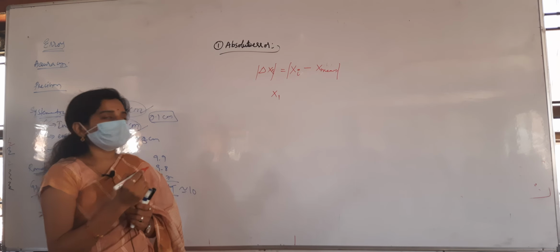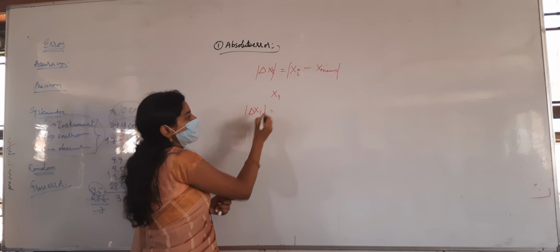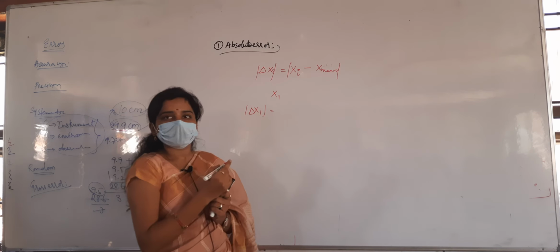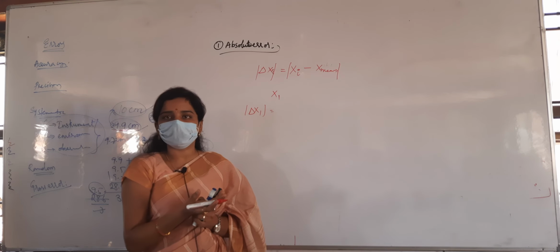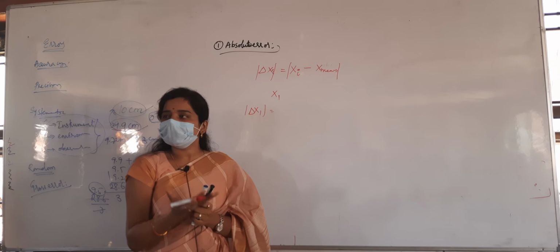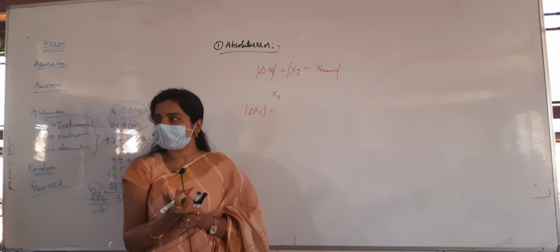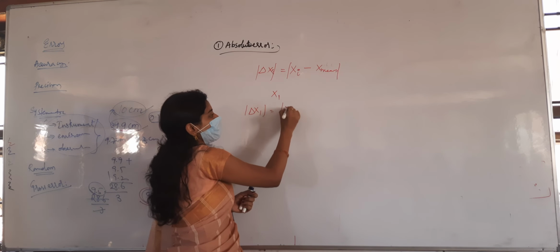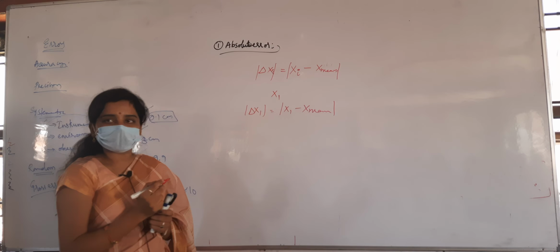I want to find out the absolute error for the first experiment. Delta x1 is equal to x1 minus x mean. Always x mean is the mean value. You have to take the difference between the observation and the mean value. That is about the first experiment.